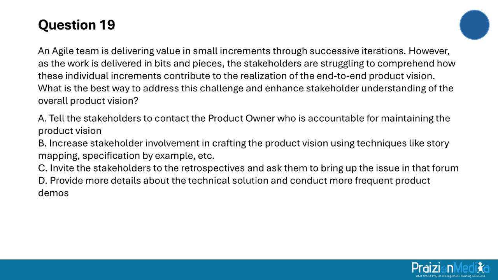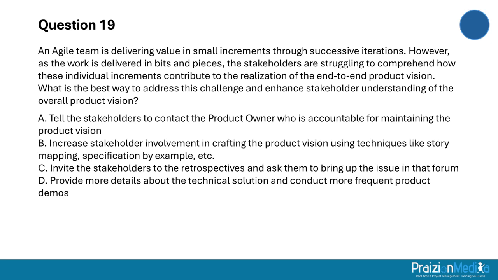A, tell the stakeholders to contact the product owner who is accountable for maintaining the product vision. B, increase stakeholder involvement in crafting the product vision using techniques like story mapping, specification by example, etc. C, invite the stakeholders to the retrospective and ask them to bring up the issue in that forum.